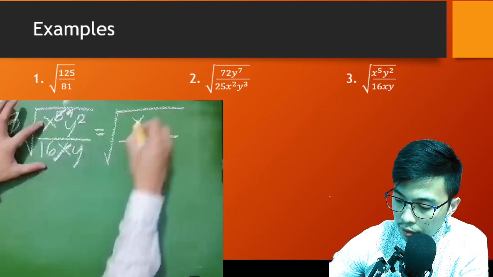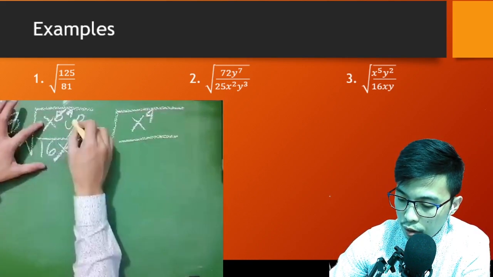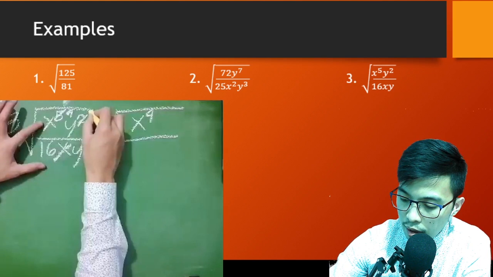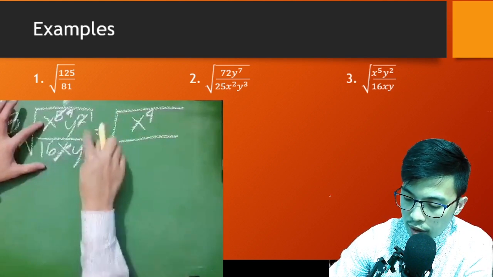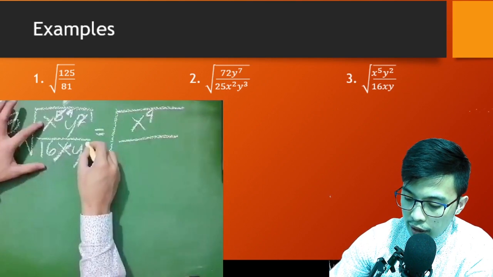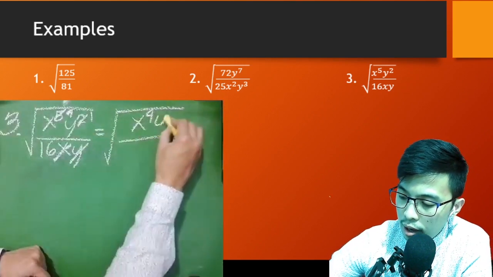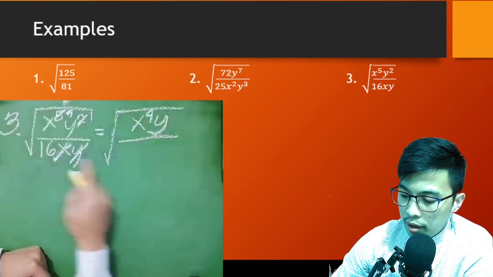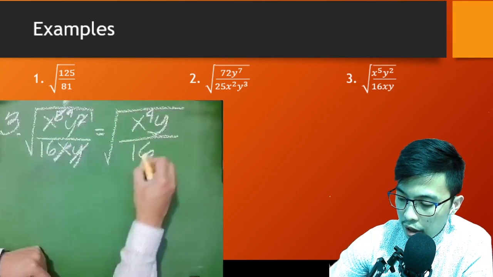So we write here x to the 4. Okay, so y here, 2 will become 1, kasi 2 minus 1 is equivalent to 1. So y will be cancelled. And then 16 will remain on the denominator.